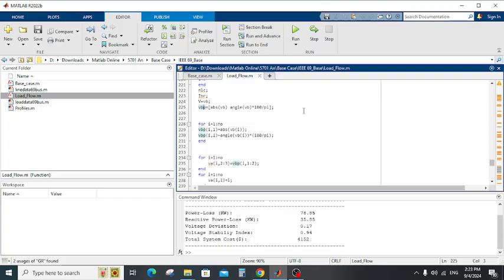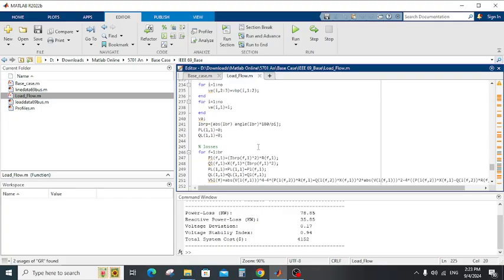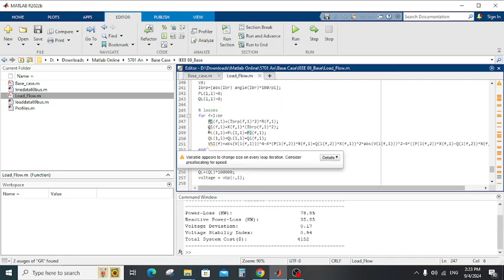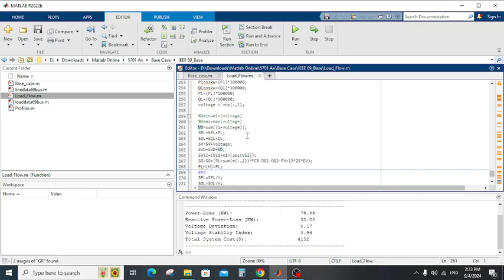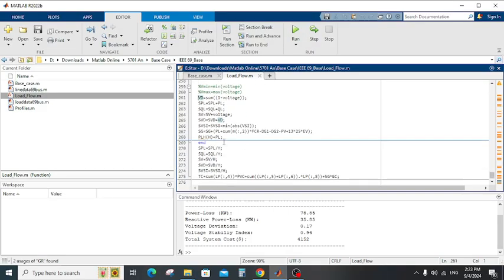Then we extract the voltage values and angles, and also calculate the losses: the power loss, reactive power loss, voltage stability index, and the voltage deviation, depending on the voltage and the power flow in each line. Then we divide the power loss by the number of hours to calculate the average power loss, reactive power loss, voltage profile, voltage deviation, and voltage stability index.